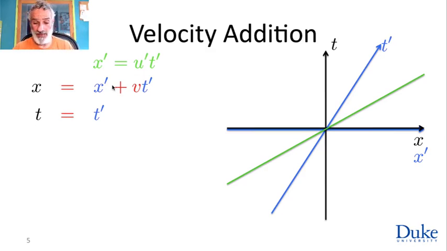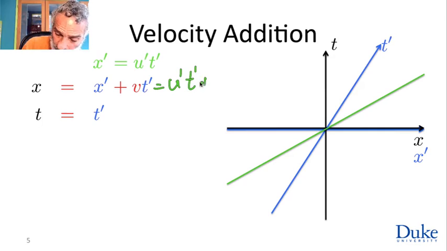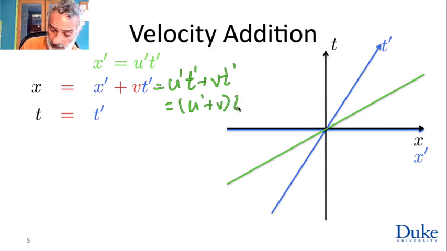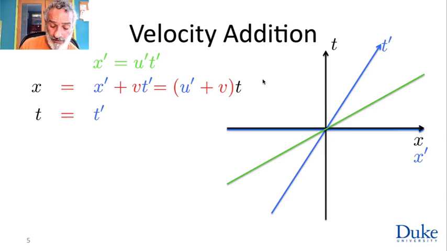Now, we need to plug into this the information we have, which is that x prime is u prime t prime. So I plug that in, u prime t prime plus v t prime. I collect terms and write that as u prime plus v, times t prime. And then I remember that since they synchronized their clocks, t and t prime are the same thing, and I reach the conclusion that x is (u prime plus v) t.